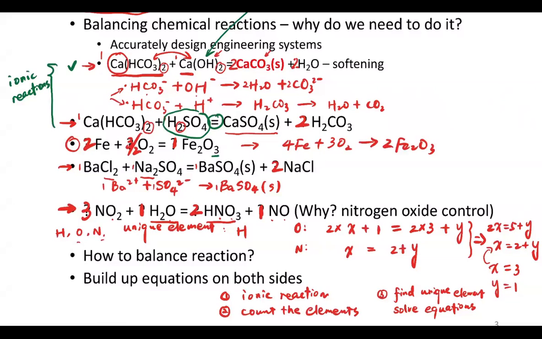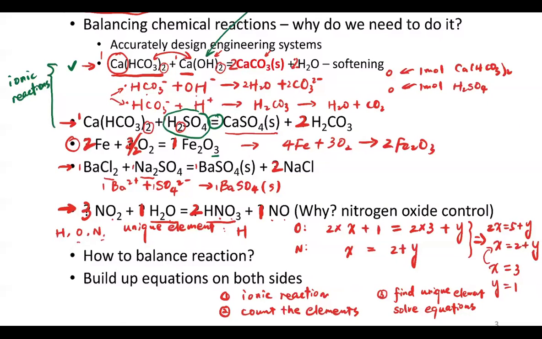It doesn't mean that, let's say, if we have 1 mole of the calcium bicarbonate and 1 mole of the sulfuric acid, these two will react completely and get into 0.